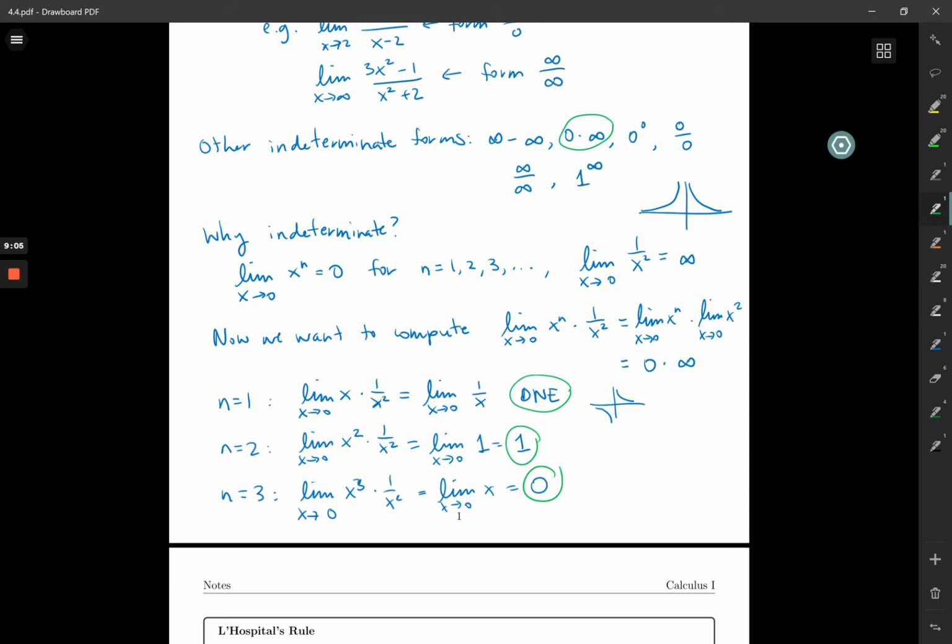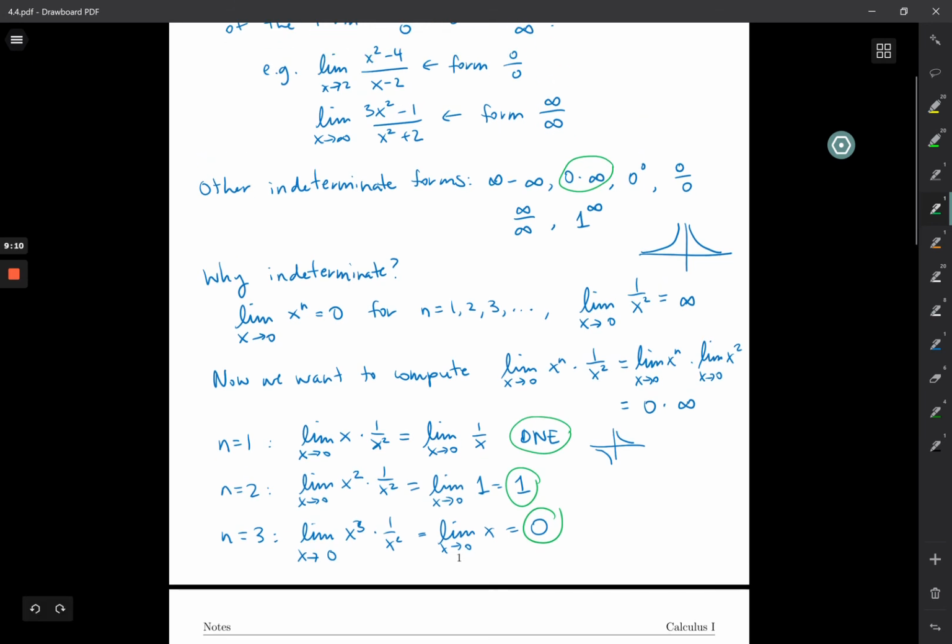Okay, so this is just to motivate that idea that if we have an indeterminate form of this type or any of the other types that we get, we don't know what the answer would be.